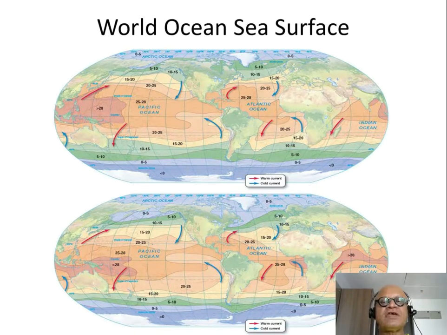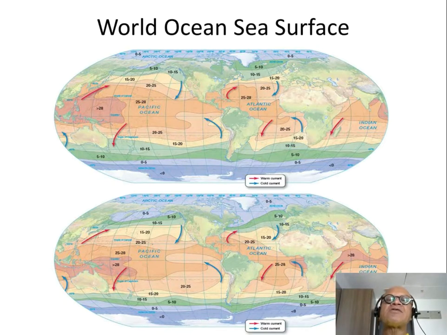So obviously, if all the warm water has moved to the north, that's because the sun has moved to the north and the heating is to the north, and that's because that's the northern summer. So the top figure is probably for July, and the bottom figure is probably for December. Could be June, July, August, or November, December, January, but nonetheless this is more like July, this is December.